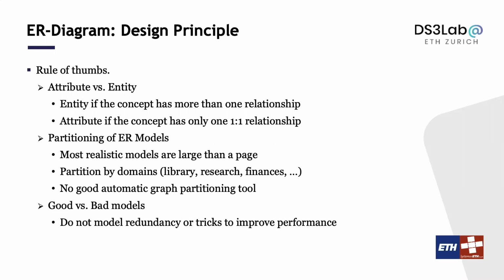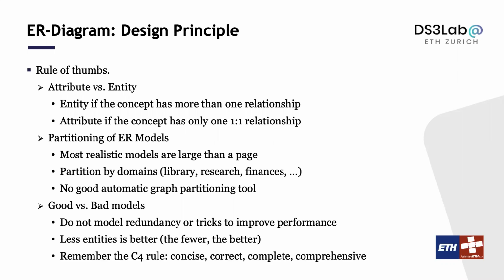There are some rules of thumb for good models and bad models. Whenever you are modeling, you think at the logical level. You do not model redundancy or optimizations. For example, in some databases it may make sense to duplicate some information because that makes queries really fast.